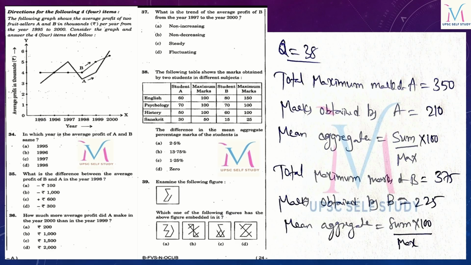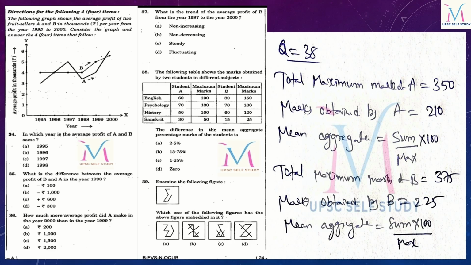According to the question, the maximum marks of A is 350. How does it come? By adding all the maximum marks of A: 100 plus 100 plus 100 plus 50, it is 350. And marks obtained by A is 210: in English he got 60, psychology 70, history 50, and Sanskrit 30. By adding this we get 210. So the mean aggregate formula is sum by maximum into 100.